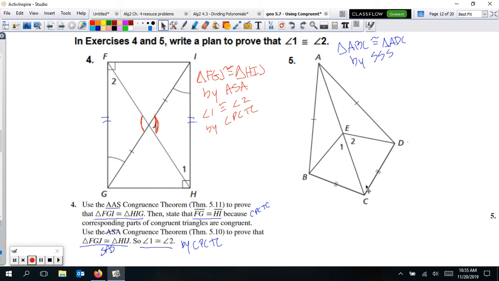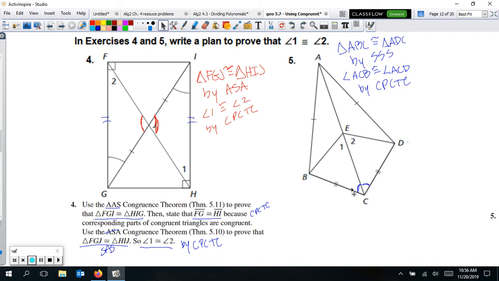So these two angles are congruent right there, and we can name those angles angle ACB and angle ACD. Those are congruent because of CPCTC. Corresponding parts of congruent triangles are congruent. So see how we keep using this same thing on every single problem here in this lesson.